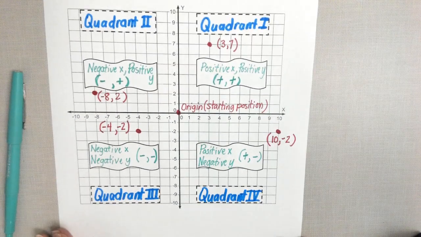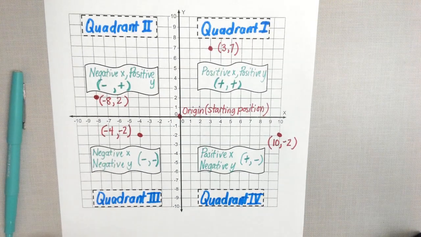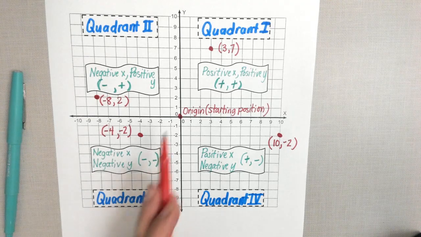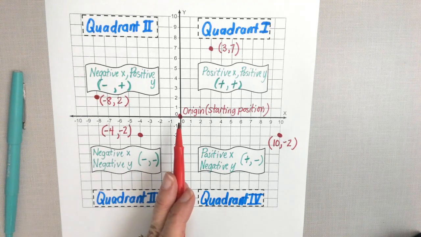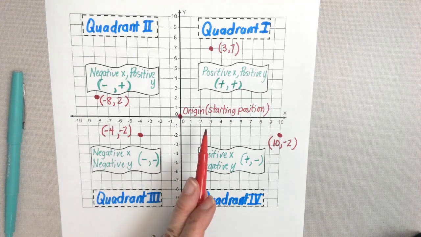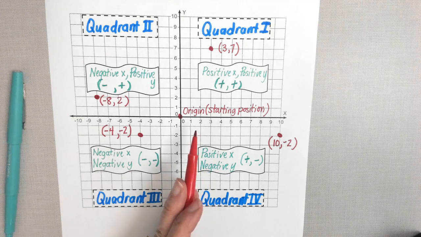So you just choose random numbers? I just chose random numbers for our points to give you examples. But it's always start at your origin, write your x value first, then your y value. Okay?